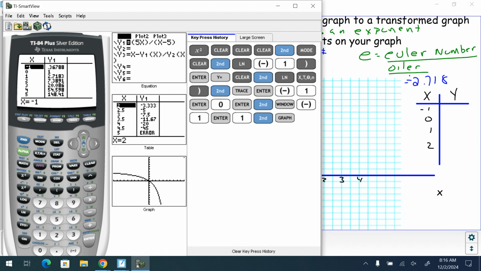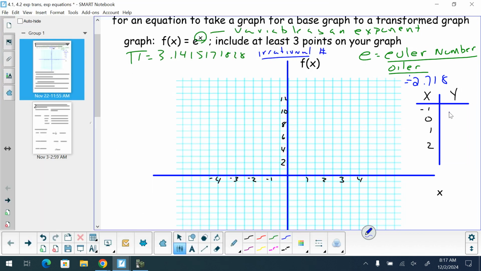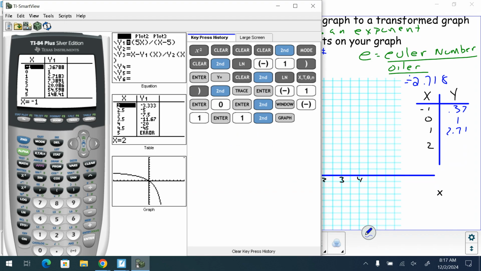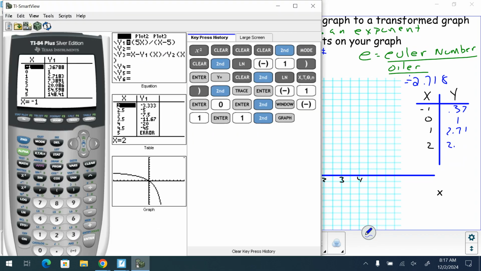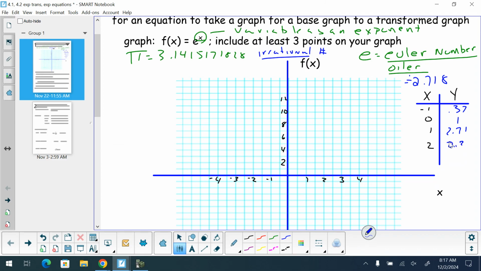And I can go to my table and find my values that way. And I can get my graph down.